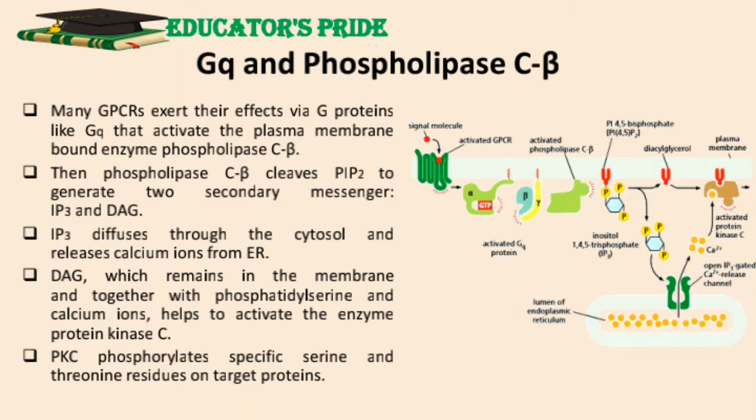Diacylglycerol together with phosphatidylserine and calcium ion helps to activate the enzyme protein kinase C, which is recruited from the cytosol to the cytosolic phase of the plasma membrane. When activated, protein kinase C phosphorylates specific serine or threonine residues on the target proteins.